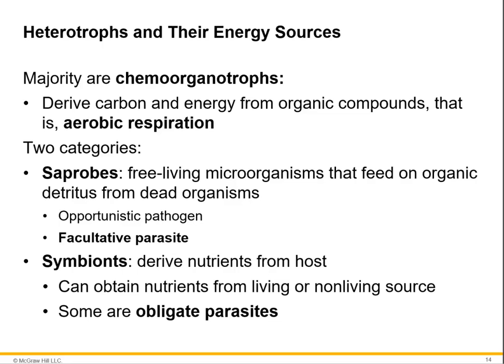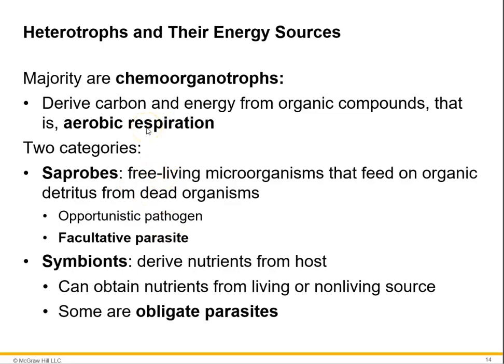The two categories I want you to be aware of with heterotrophs are going to be the saprobes and the symbionts, okay? Saprobes, these guys feed on dead matter. They can be opportunistic pathogens, okay? Symbionts, on the other hand, are going to derive their nutrients from the host itself. They can obtain nutrients from living or non-living sources, and some of these are going to be obligate parasites.